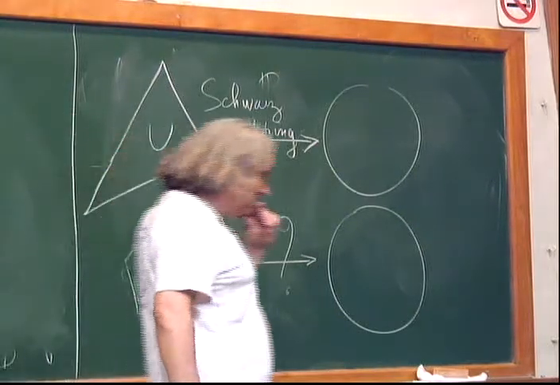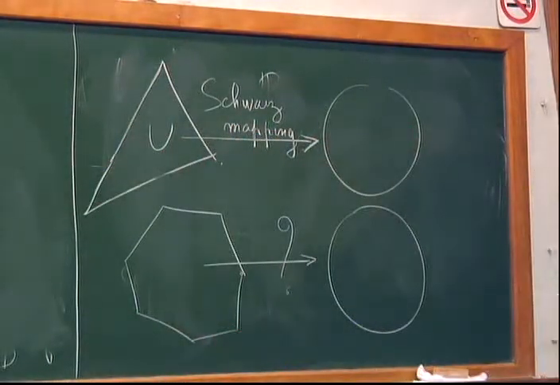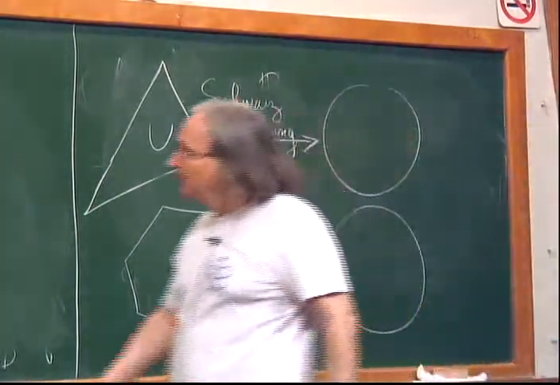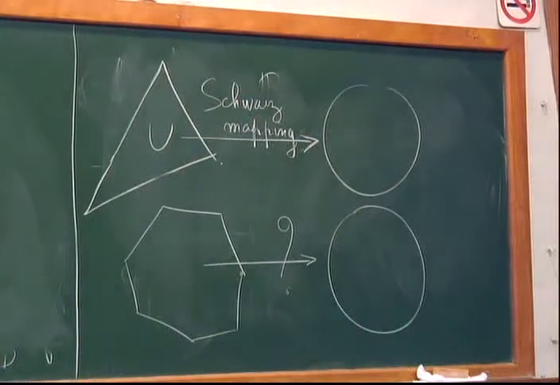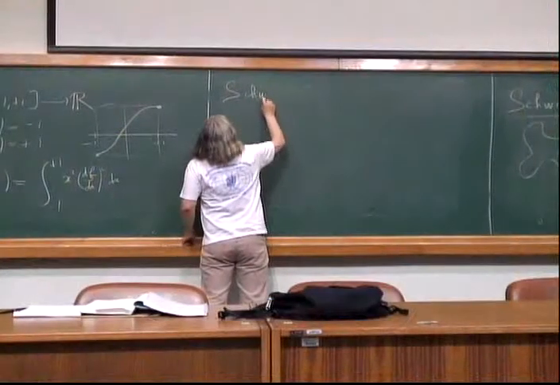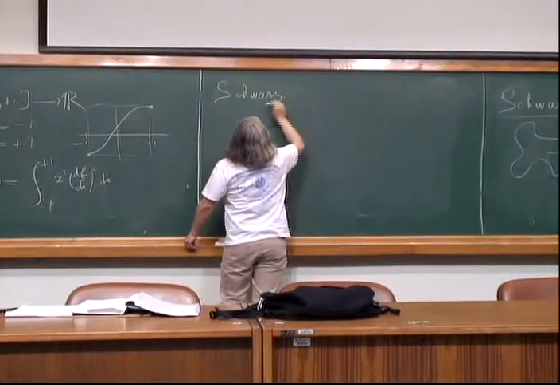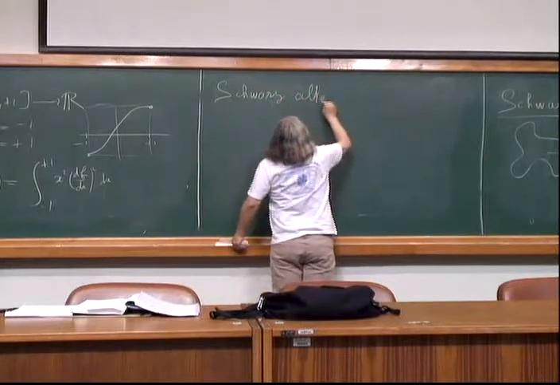So he had to create new ideas by taking approximations. And what finally he did is that Schwarz, using some method I really want to explain to you next time, which is called the Schwarz alternating method.